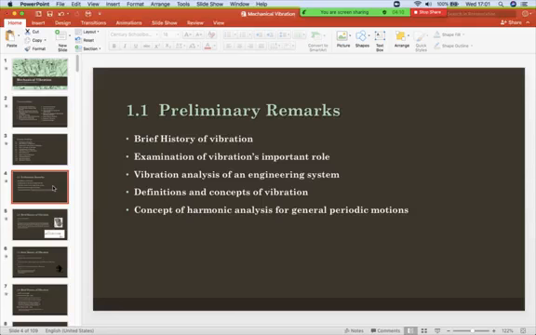It's just that recently we've been able to put that into pragmatic application under our curriculum in the mechanical engineering syllabus. And we have also the definitions and concepts of vibration, and the concept of harmonic analysis for general periodic motion.